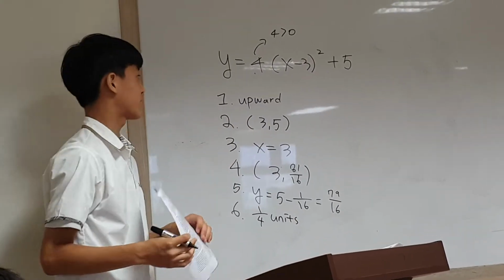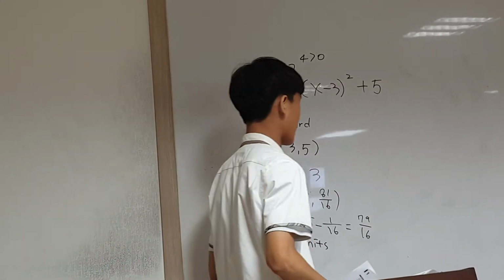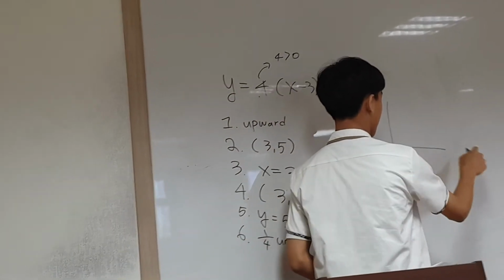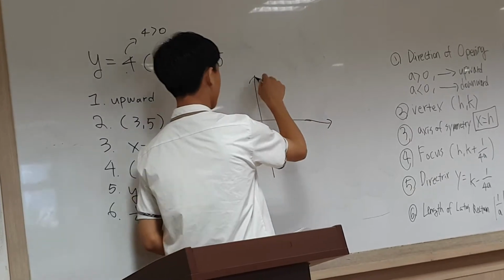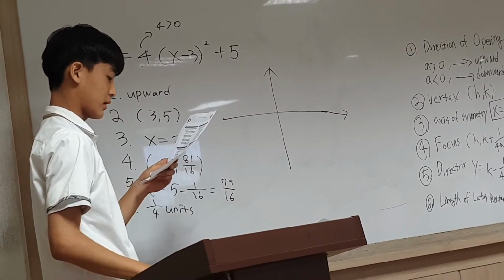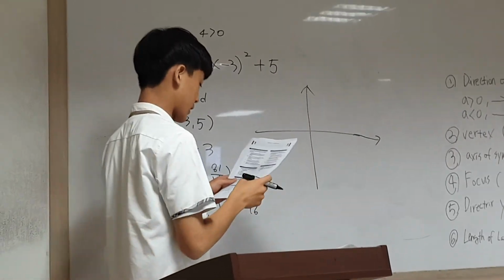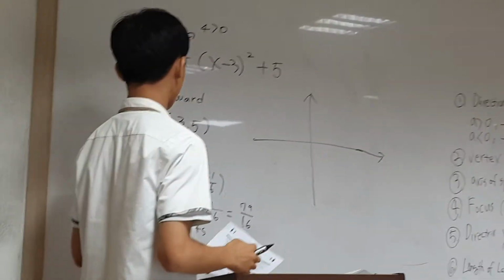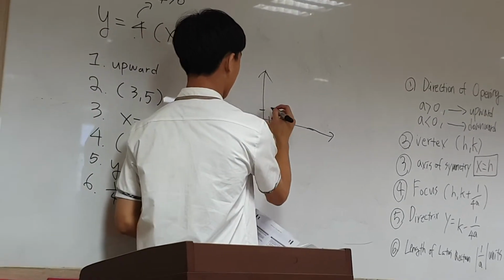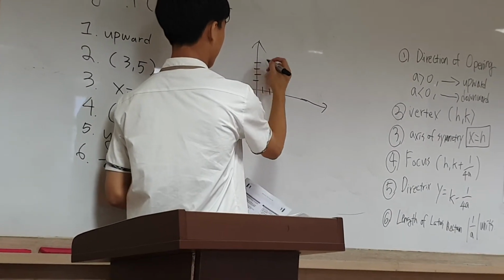Okay, so with this given information, let's draw the parabola. Y-axis, x-axis. The first one we're going to consider is the vertex. Where is the vertex? 3, 5, right? So 1, 2, 3, and 1, 2, 3, 4, 5.